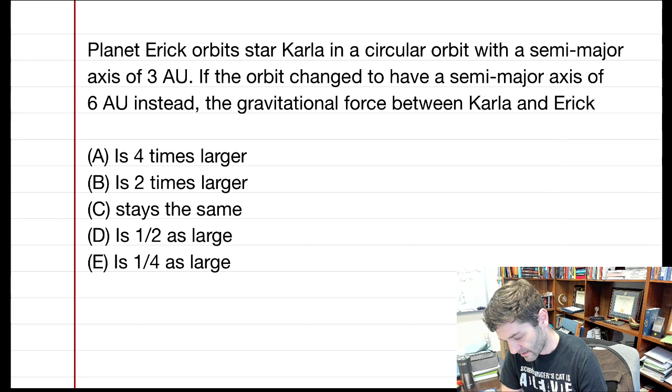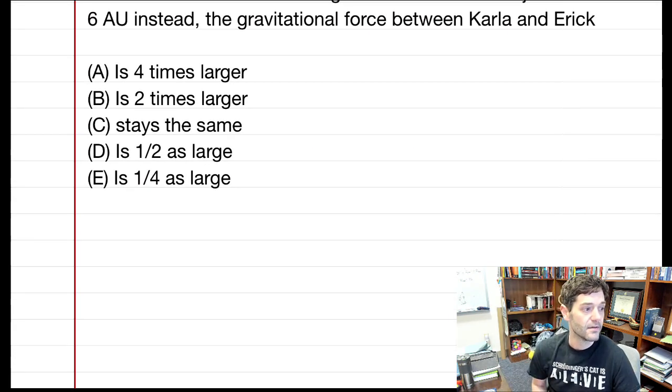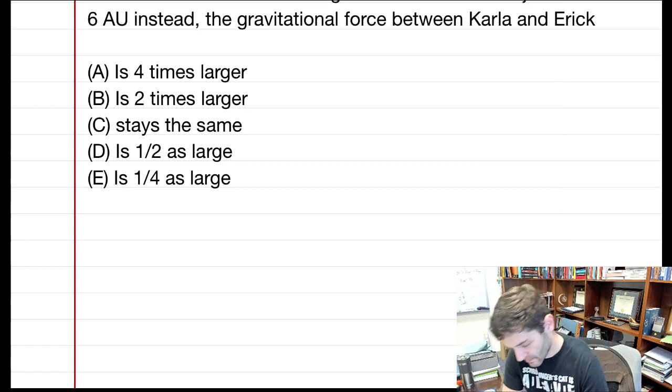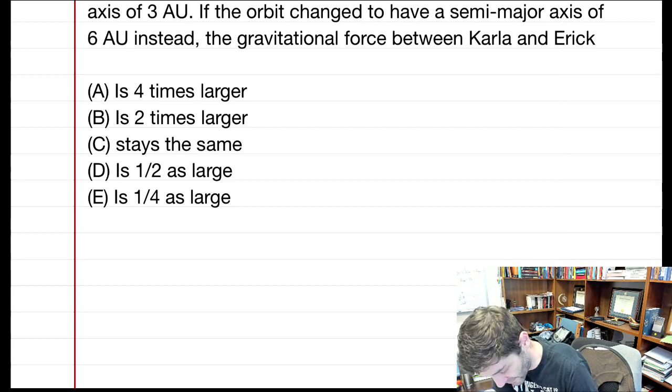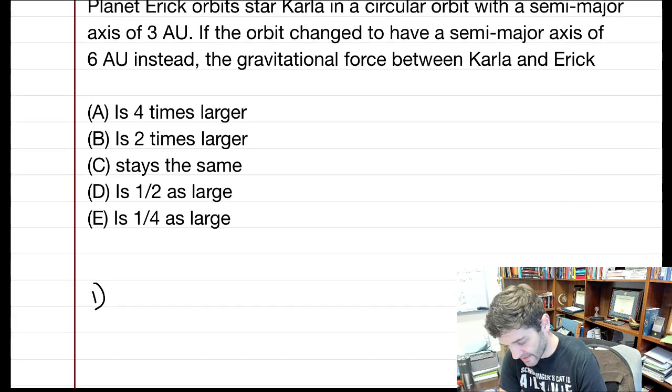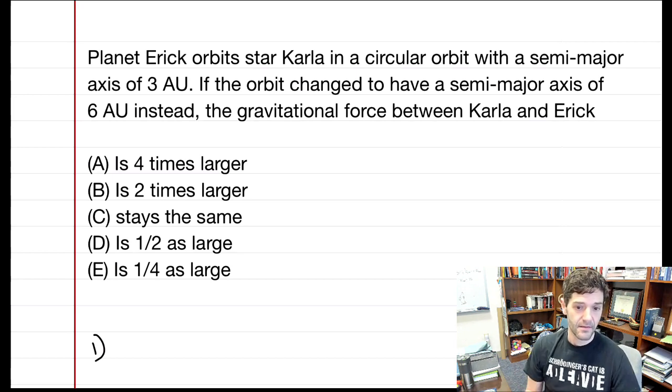I would say that the way to do this is through a couple steps. I'll just follow what's on the course slide that you might have available, with some elaboration. The first thing to do is to identify the relevant formula. In this case, we're talking about gravitational forces, and that's what we're trying to figure out: how does the gravitational force change?